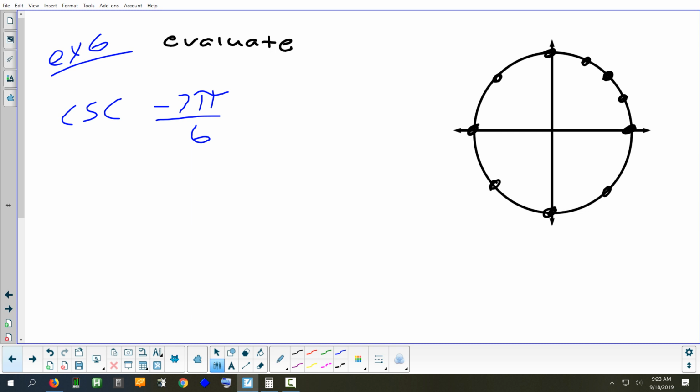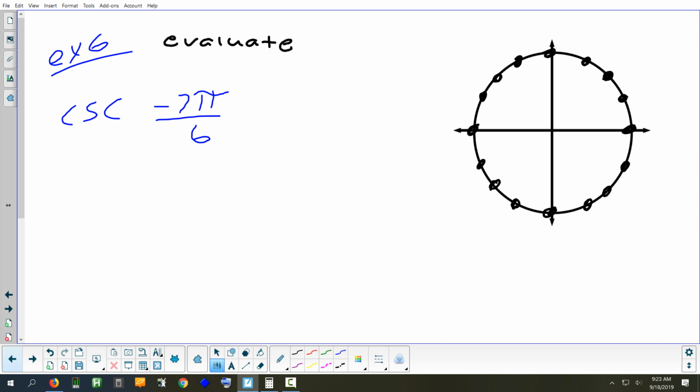And then we did some 30s and 60s. We could have the 30 and the 60 here, a 30 and a 60 mirrored here, and a 30 and a 60 mirrored there. So how many coordinates are there that we've done on a unit circle? 16. Okay, so there's 16 different coordinates we've done.